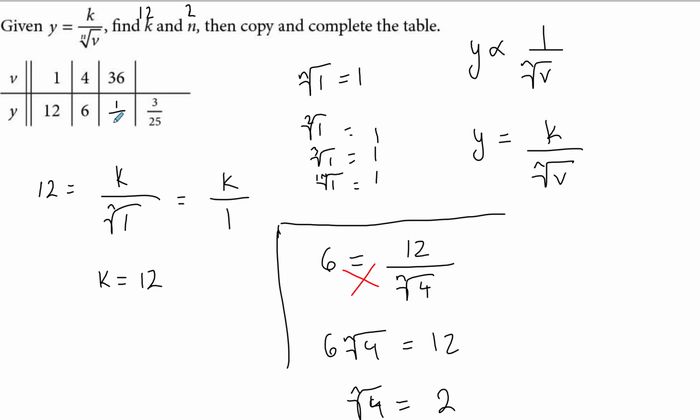The answer here is going to be 2. And you can then substitute the 3 over 25 and so on, and you're going to get 10,000. So just an odd example that I wanted to try.